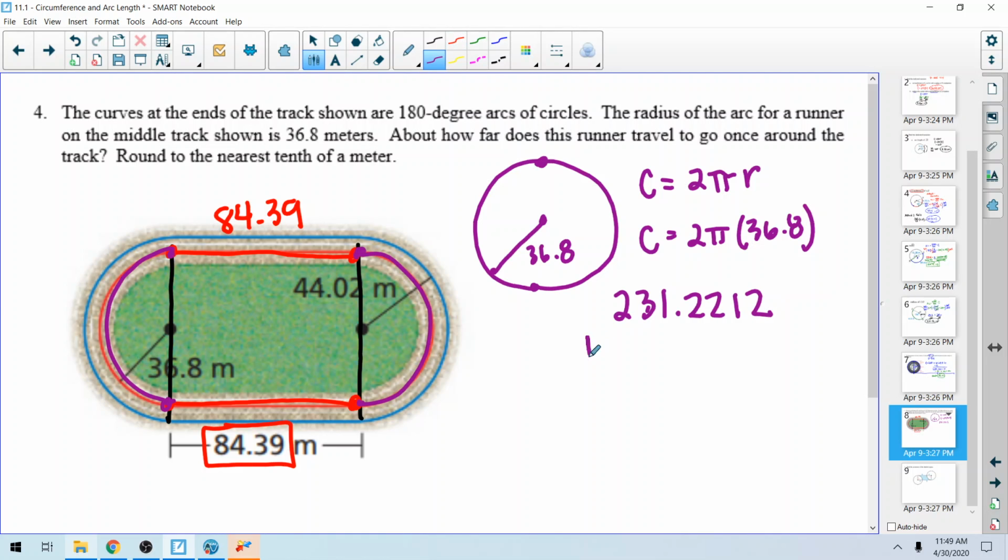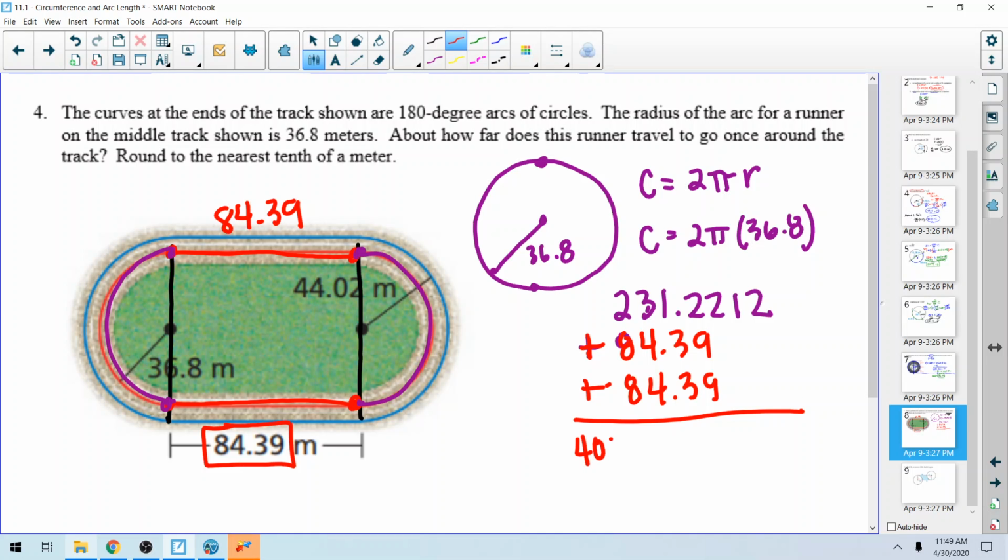Then he also has to run the 84.39 and the other 84.39. So I'm going to take my answer and add 2 times 84.39, or you could just add it twice, which gives me 400.0012.